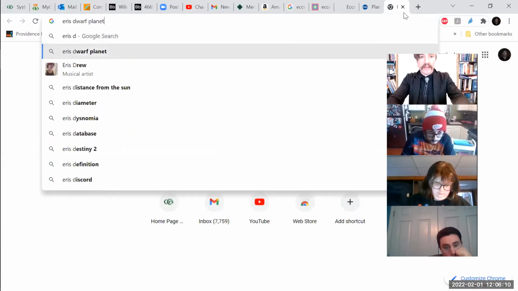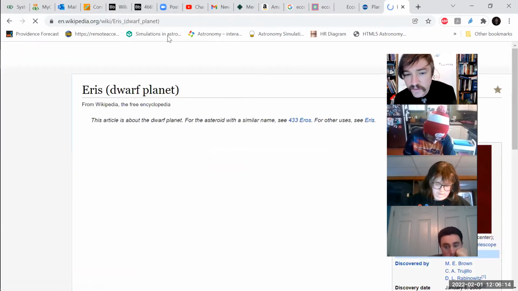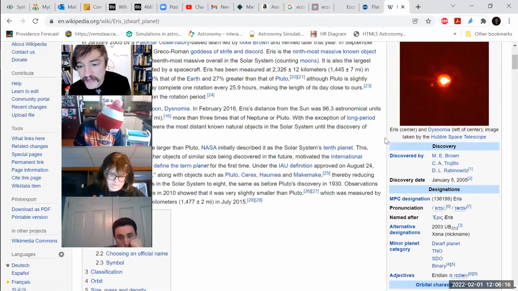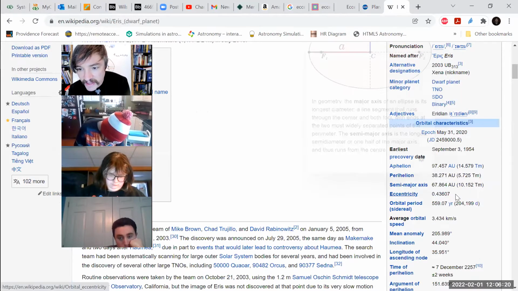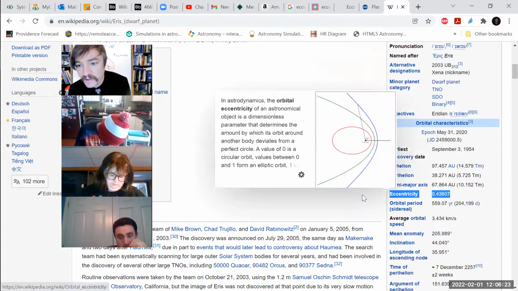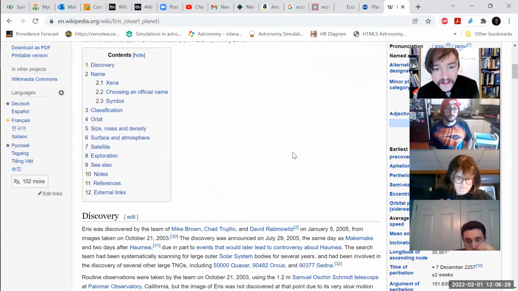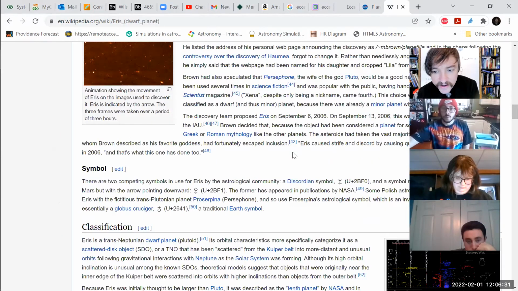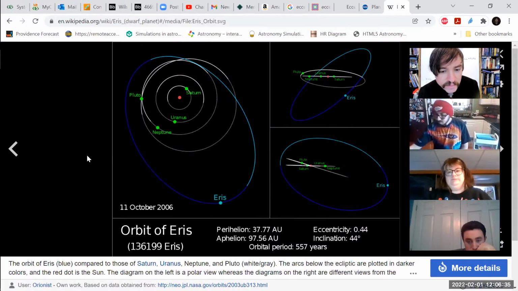Eris, dwarf planet. Usually when you go to a Wikipedia page for a planet or a moon, one of the important parameters besides the semimajor axis is that they'll label the eccentricity. So at 44% eccentricity, the orbit of Eris is pretty wild. And I bet they even have a little diagram comparing the orbits of Eris to that of Pluto.